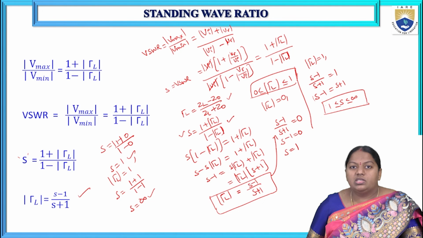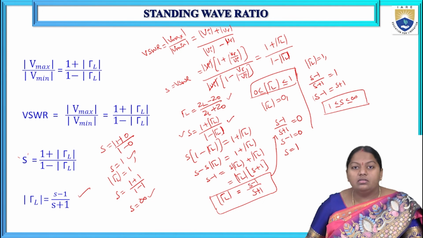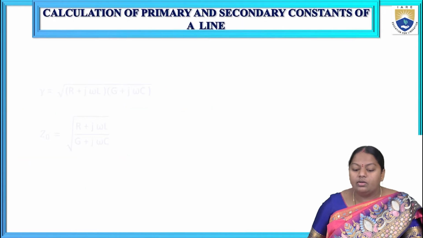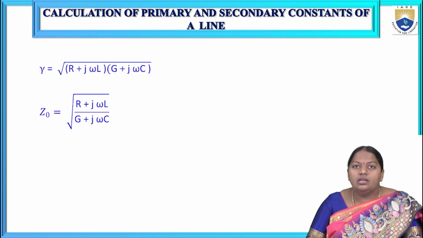So standing wave ratio, or simply voltage standing wave ratio, is the ratio of the maximum amplitude of the voltage to the minimum amplitude of the voltage, and it is to be obtained as (S minus 1) by (S plus 1) in terms of reflection coefficient. Right? So till now we have learned two topics.